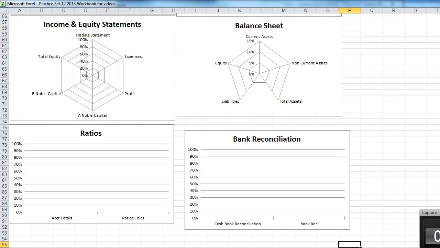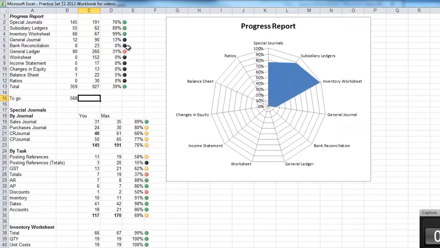So again, we can also look at the progress report, and we see special journals getting close to finish, inventory worksheet pretty much finished. The only reason that is not correct is there's one date there. So our inventory worksheet is finished. Whoa, that's a good one.